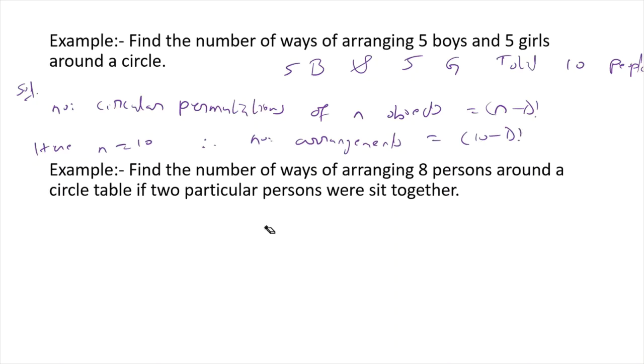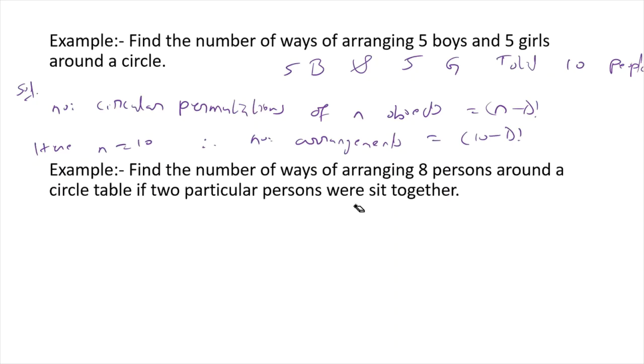The next problem is like this. Find the number of ways of arranging 8 people around a circle if 2 people want to sit together. So we have 8 people, and we have to arrange them around a circle. Out of these 8 people, there are 2 particular people who want to sit together.